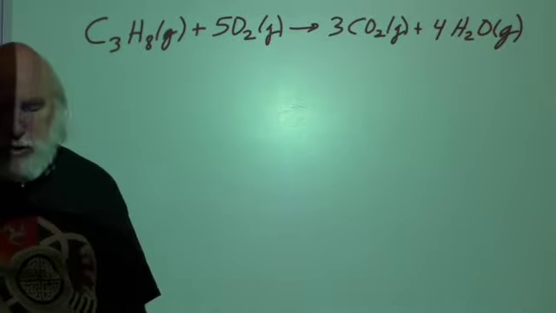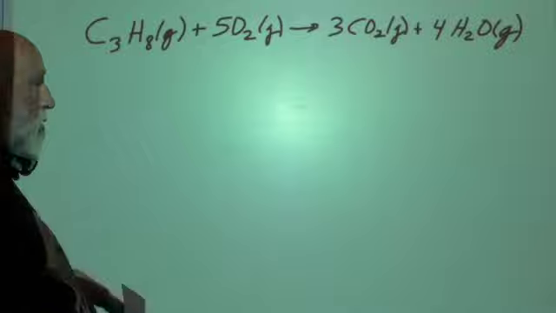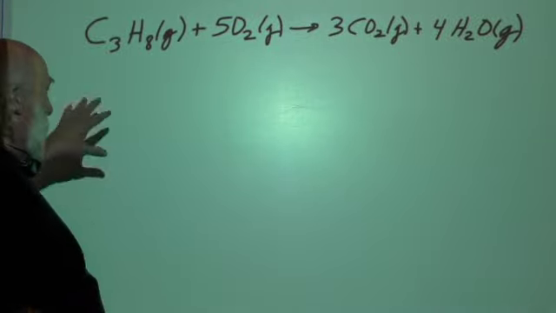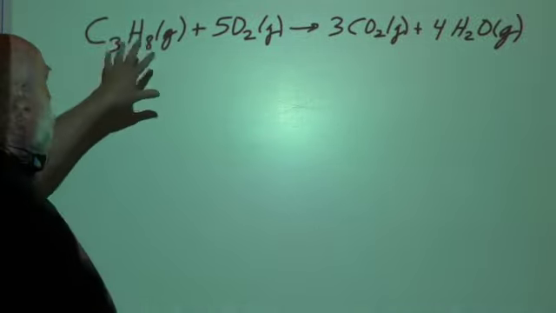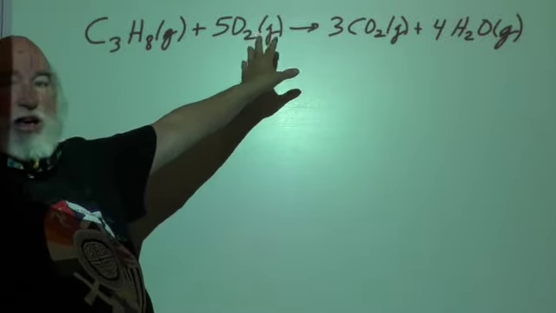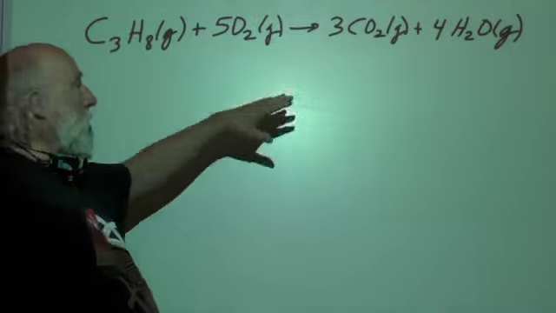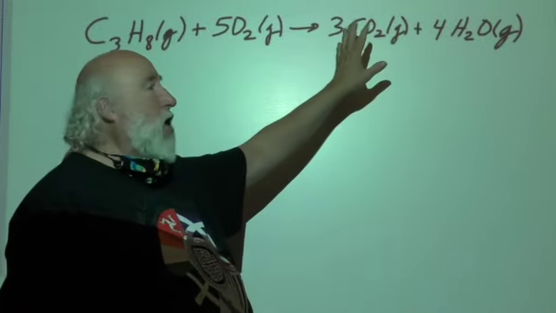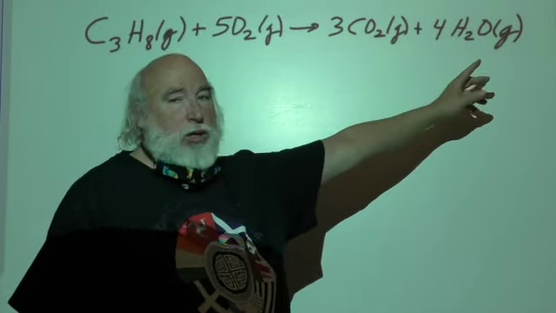Now, up to this point, we understand that what this is saying is that for every 1 molecule of propane we have, we need 5 molecules of oxygen to break it down completely into 3 molecules of carbon dioxide and 4 molecules of steam.